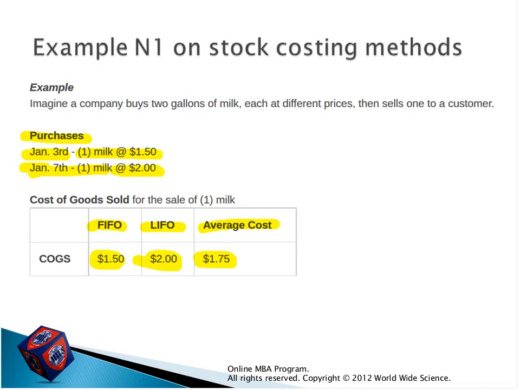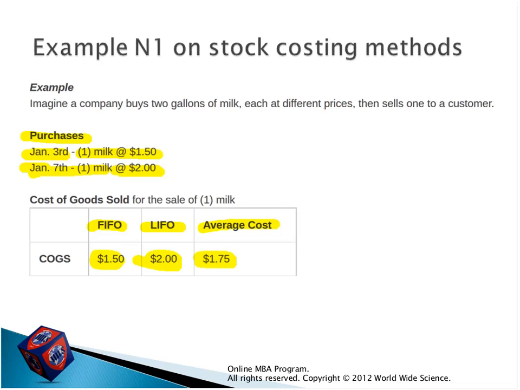Okay, some of you are asking me where we can find the average cost. This is based on the math average calculation. When you would like to find the average figure from different prices, just take $1.50, add $2, and divide by two items, like we have, right?